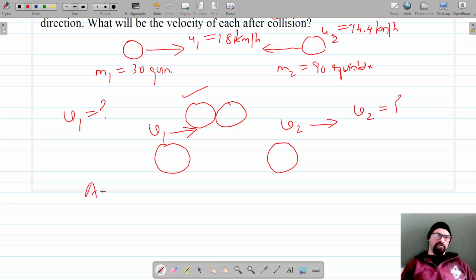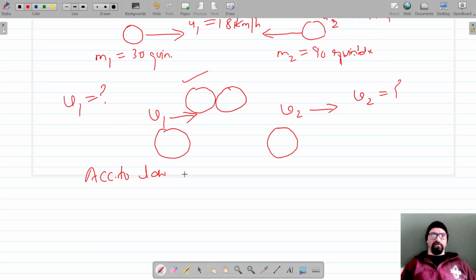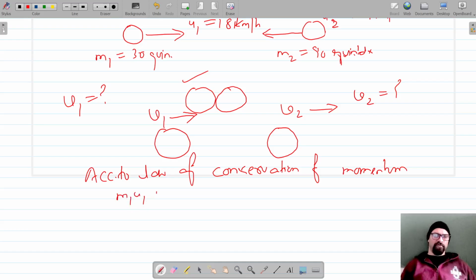So let's first use the law of conservation of momentum, because we have two variables, so we will try to make two equations. According to the law of conservation of momentum, initial momentum is equal to final momentum.